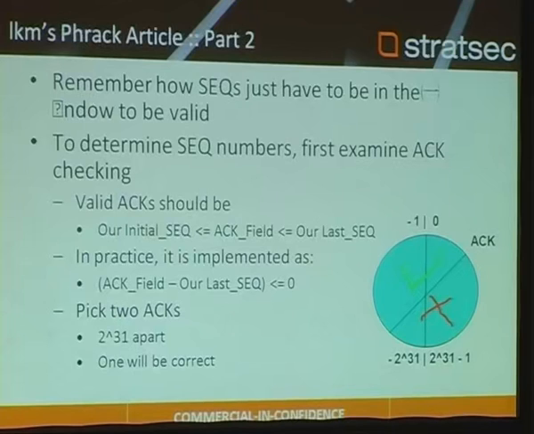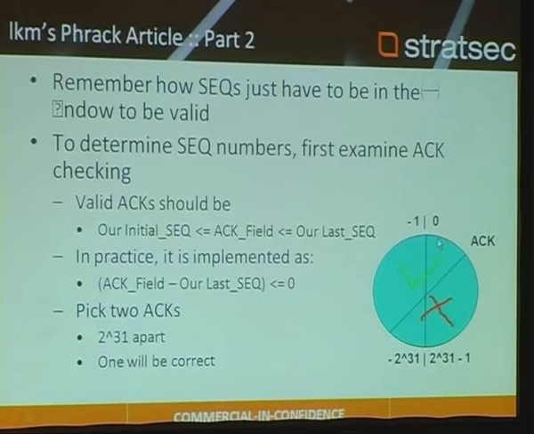So I have a diagram here if I can get a mouse up. If we have some kind of ACK that's the correct ACK to send to the server, what happens is if we send an ACK that's assumed to be correct, within that proper ACK window of stuff we sent, then when that acknowledgement number is subtracted from our ACK field, it becomes less than 0.